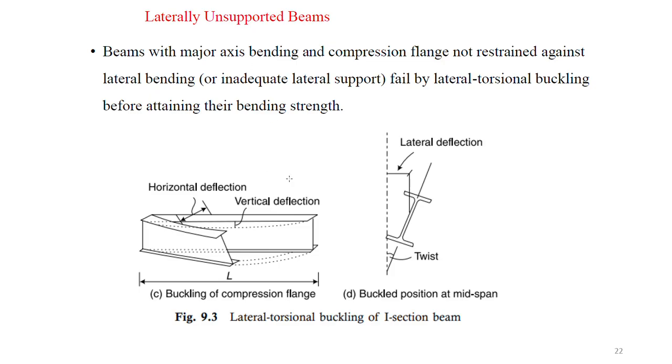This is one. When you restrain this rotation or twisting, and when you restrict the lateral deflection of the beam by providing struts, and by providing slabs or lateral bracings, you can restrain this deflection, okay, by supporting at these particular locations, by supporting here and here, or by covering the flange part with material, you can restrain the beams, okay.